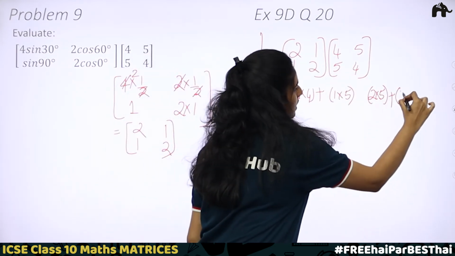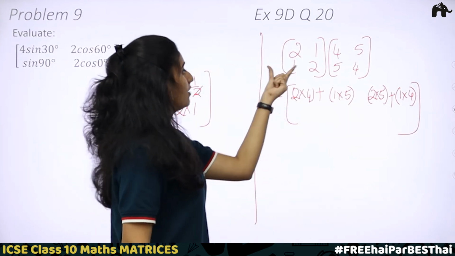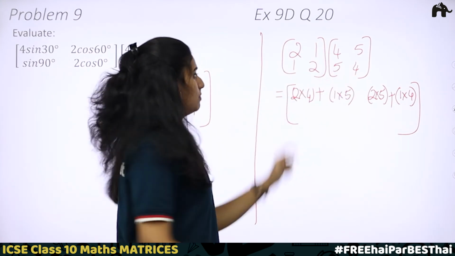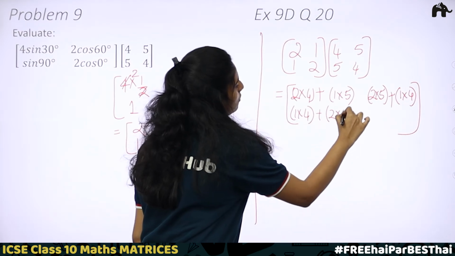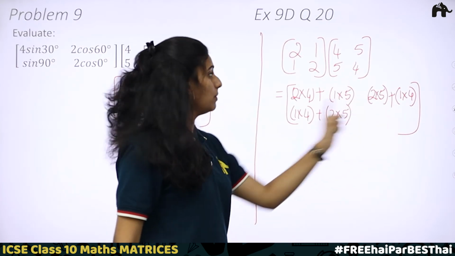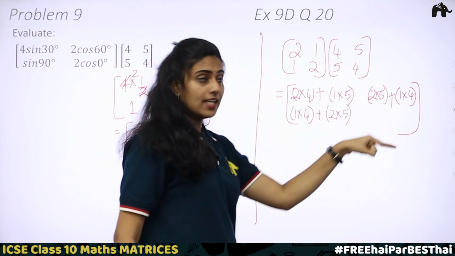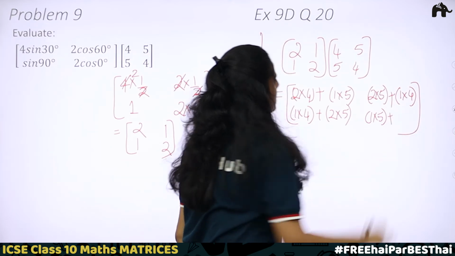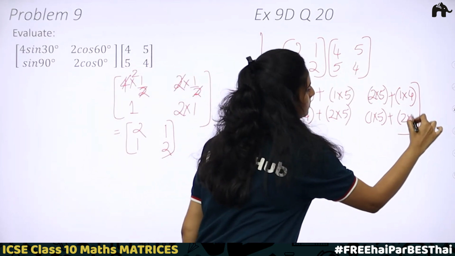To get the third element, we have to consider the second row of the first matrix and the first column of the second matrix: 1 into 4 plus 2 into 5. To get the last element, we consider the second row of the first matrix and the second column of the second matrix: 1 into 5 plus 2 into 4.